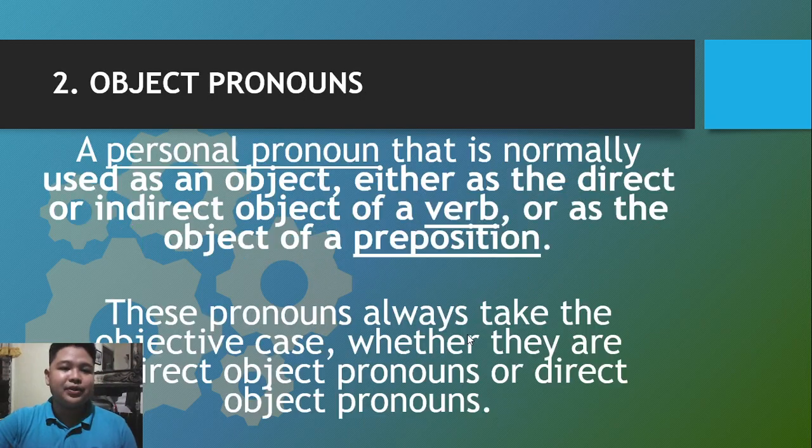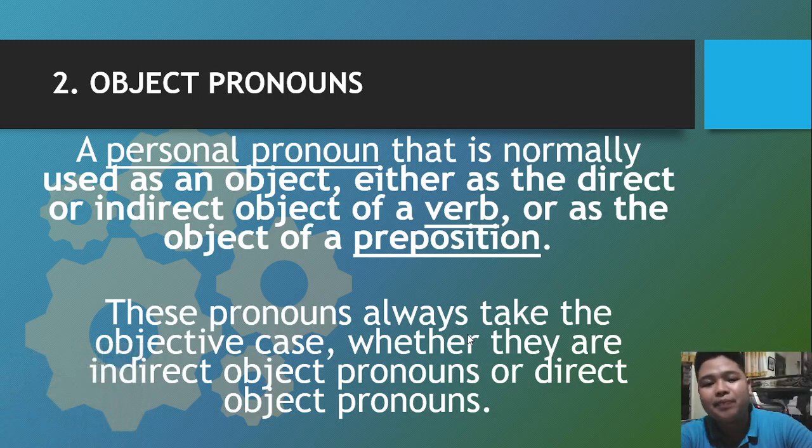Okay? So next, object pronouns. This is a personal pronoun that is normally used as an object, either as a direct or indirect object of a verb or as the object of a preposition. These pronouns always take the objective case, whether they are indirect object pronouns or direct object pronouns.